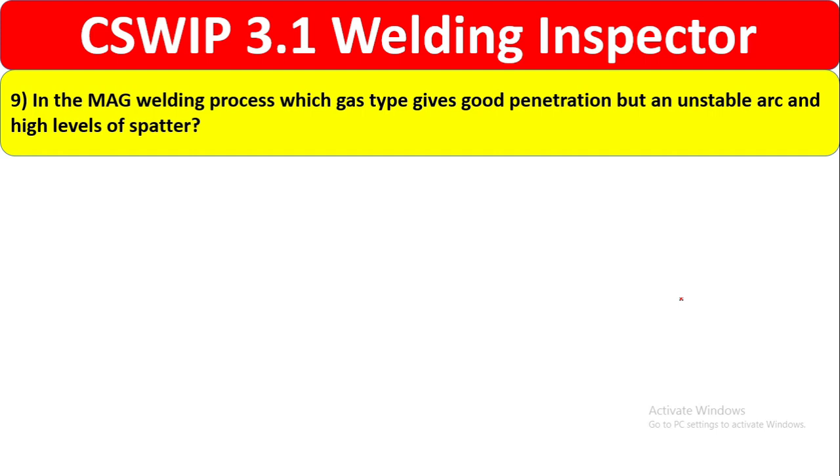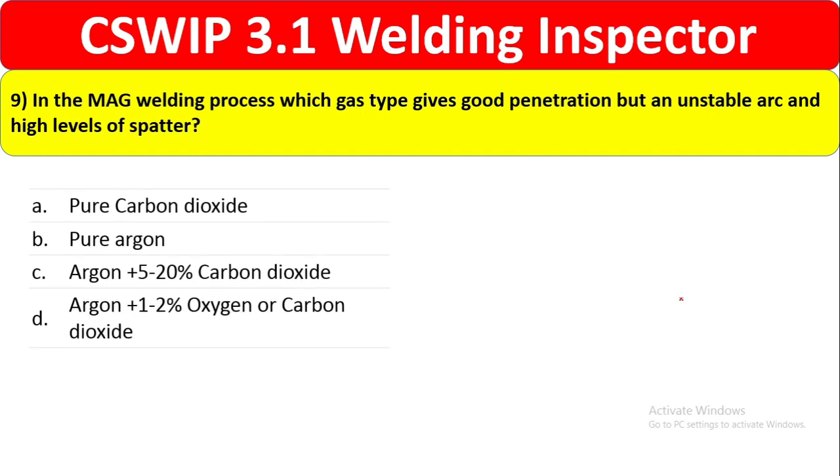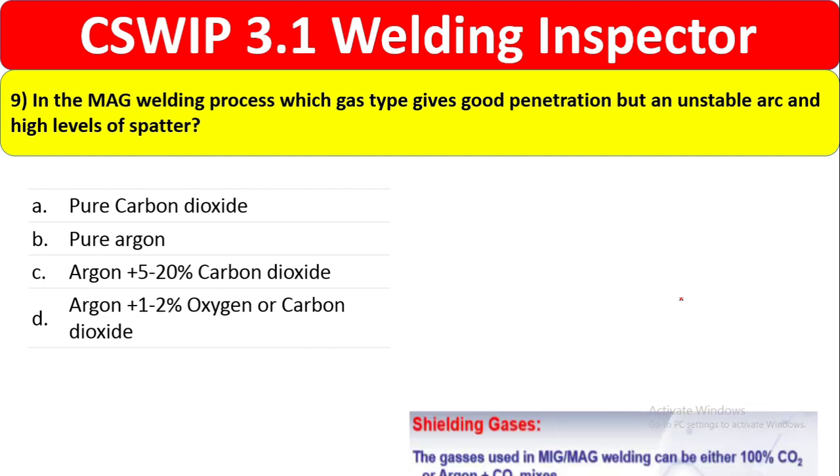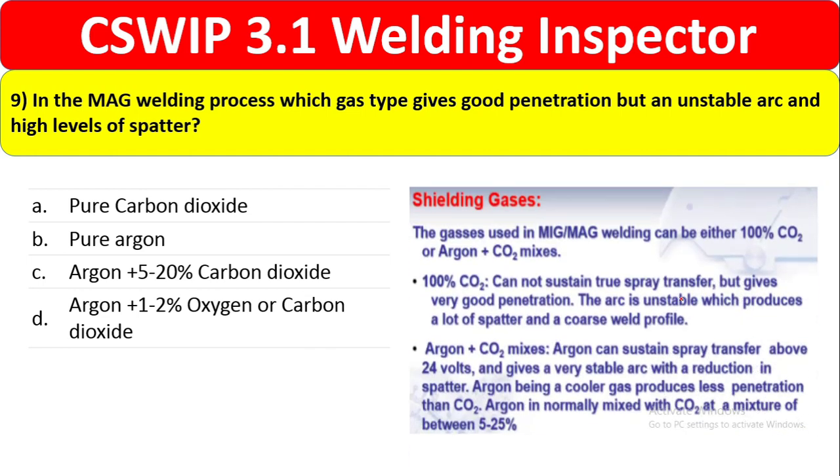A is pure carbon dioxide, B is pure argon, C is argon plus 5 to 20% carbon dioxide, D is argon plus 1 to 2% oxygen or carbon dioxide. So which one is the correct one? We'll go now to the explanation.